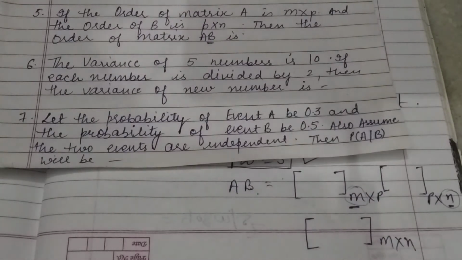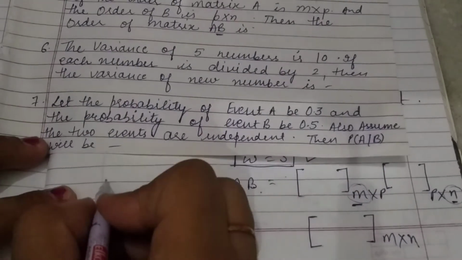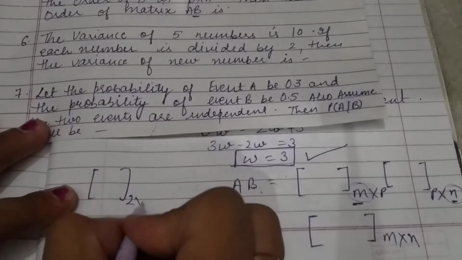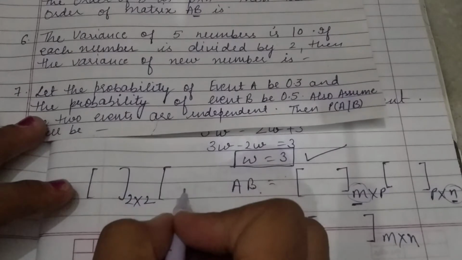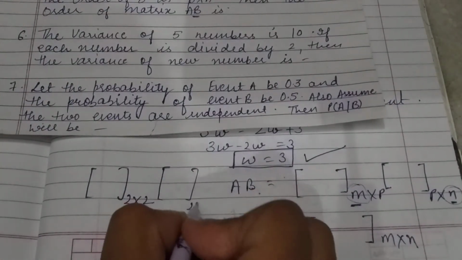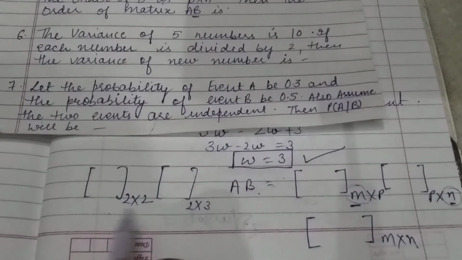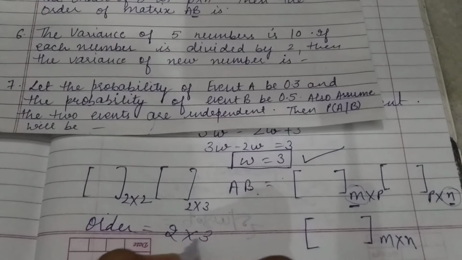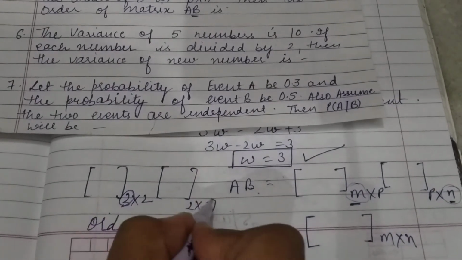For suppose if I'm saying A matrices are of order 2 into 2 and B matrices are of 2 into 3, so in that case the order will be 2 into 3, this and this. Got it?